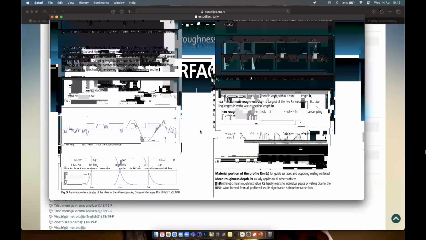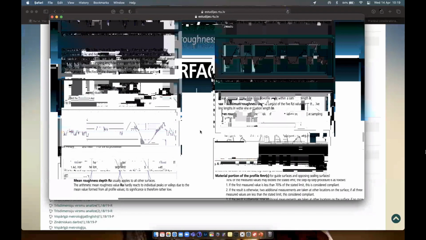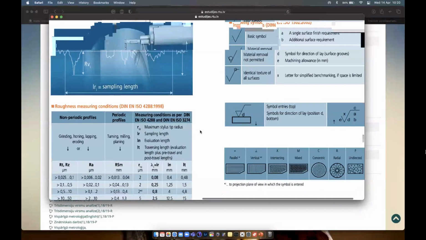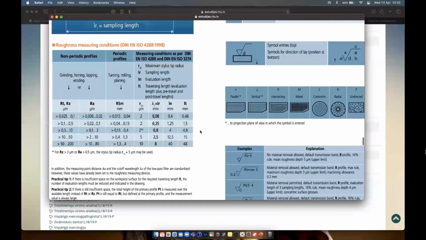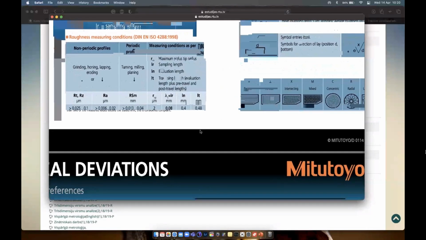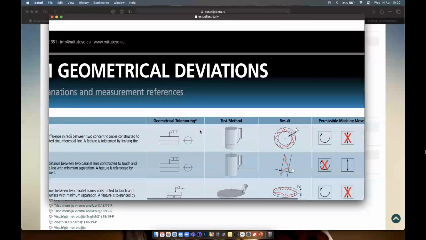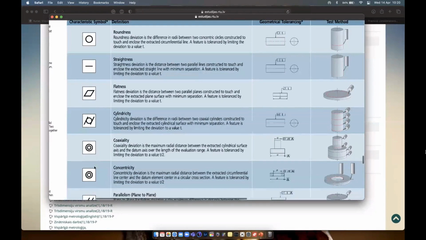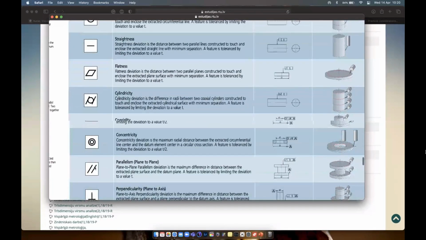But as I promised, today we will deal a lot with roughness. We will look at all of these features step by step. Now you just see a very nice review of it. And here it's again about the GD&T symbols: flatness, cylindricity, and so on.